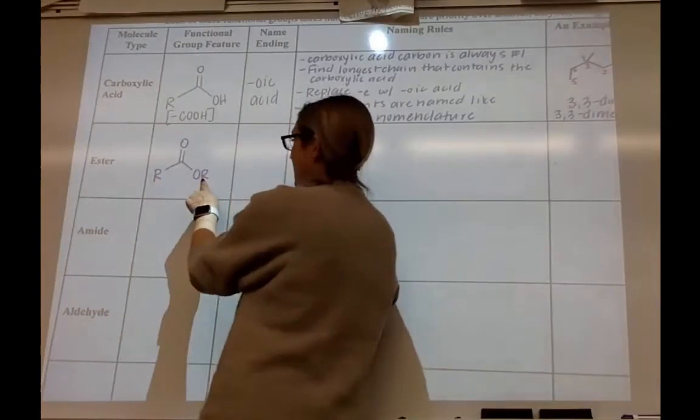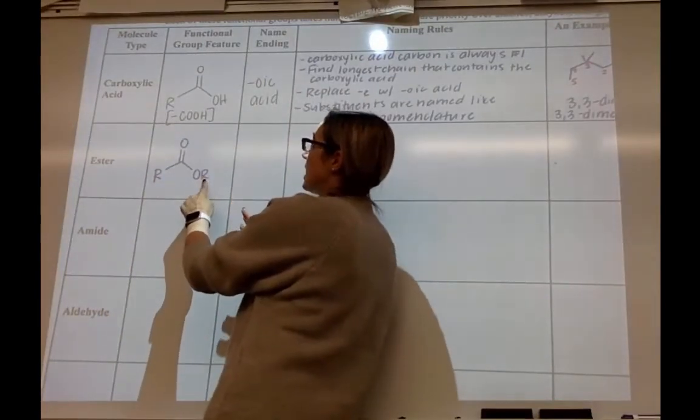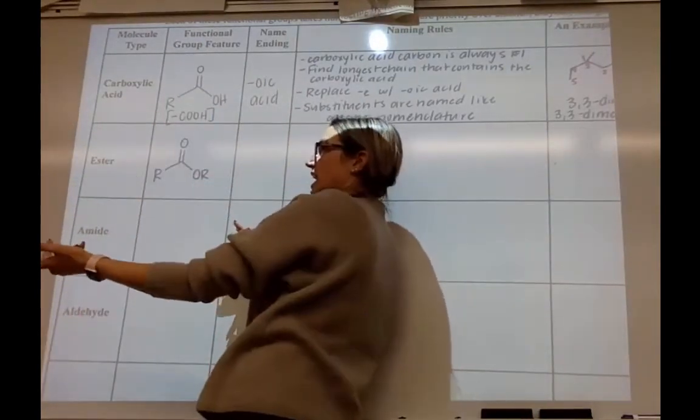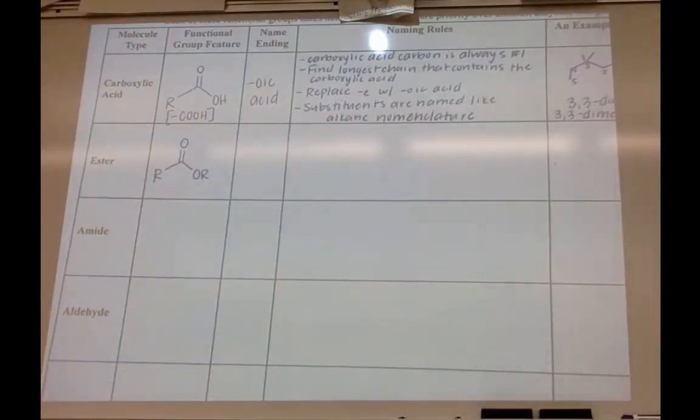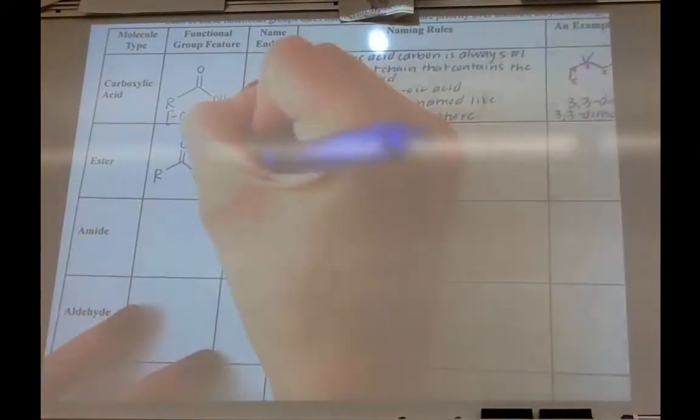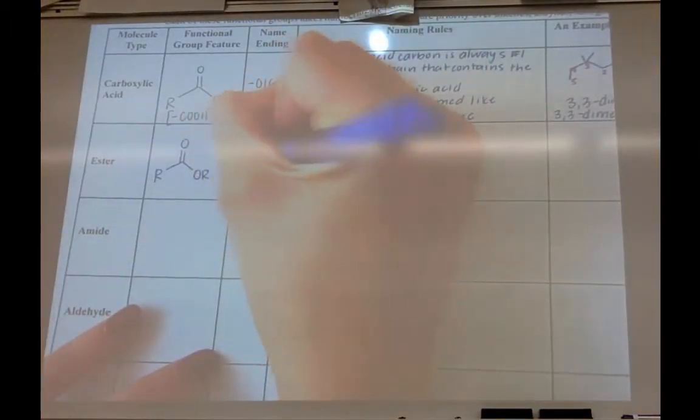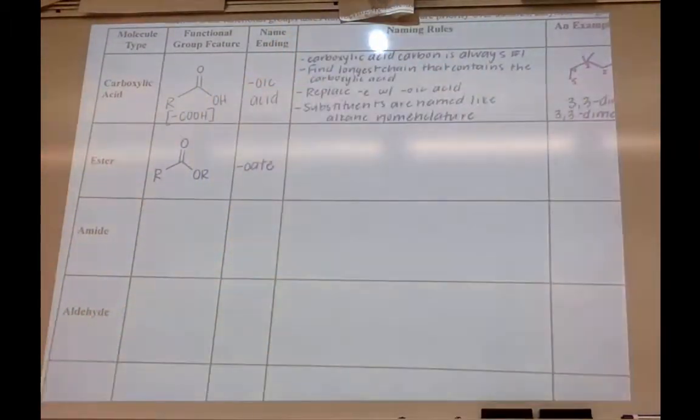This cannot be an H though, because if this is an H, it becomes a carboxylic acid. So you have 2 carbon groups off of the carbonyl carbon and off of that single bonded oxygen. The ending for an ester is oate. O-A-T-E, oate.